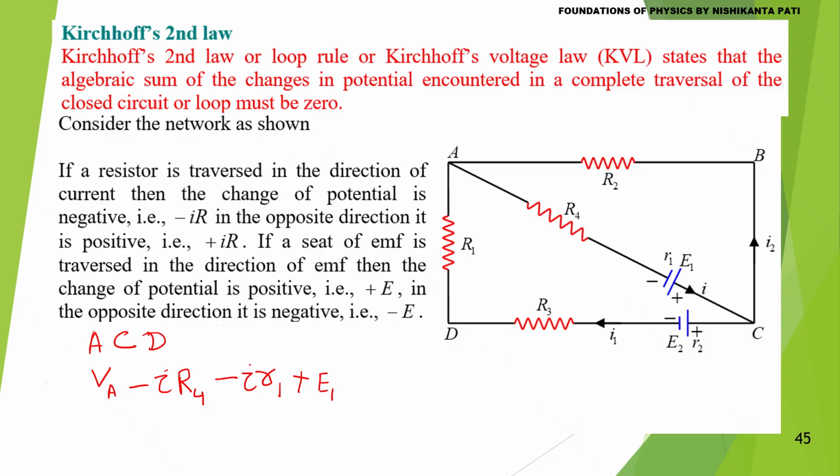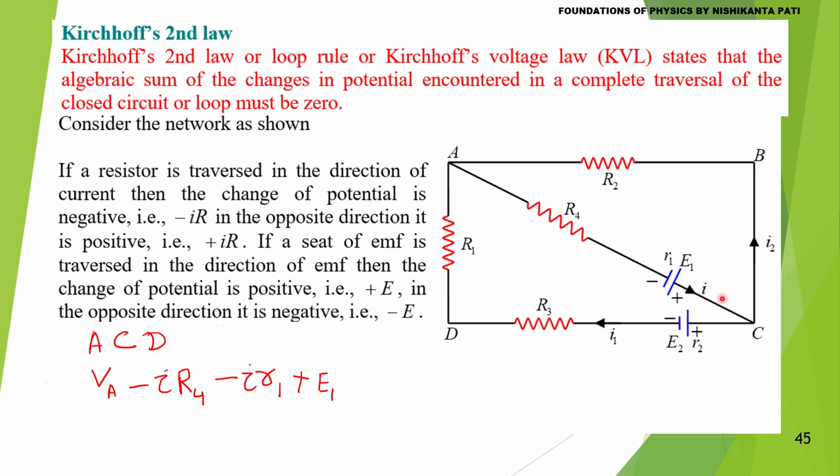Why is it plus E? Because when the cell of EMF is traversed in the direction of EMF, that is from negative to positive, then the change in potential is E. So we are here, our potential is VA minus IR4 minus IR1 plus E1.